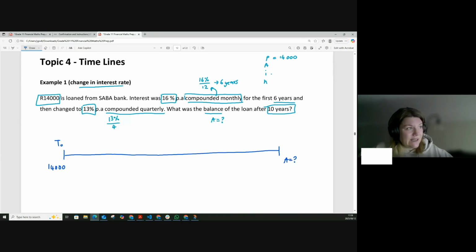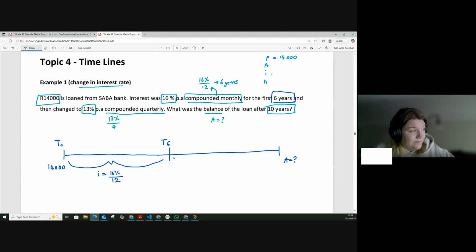The first thing it told us was that the first set of interest was for 6 years. So we're going to pop this over here and make that time 6. And during this time, so that first 6 years, my interest rate was 16% compounded monthly.